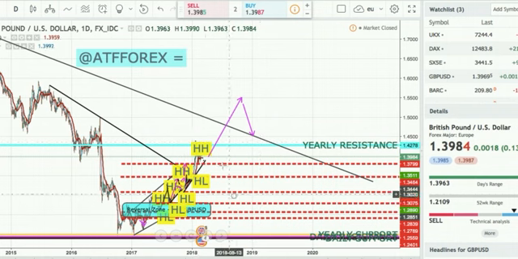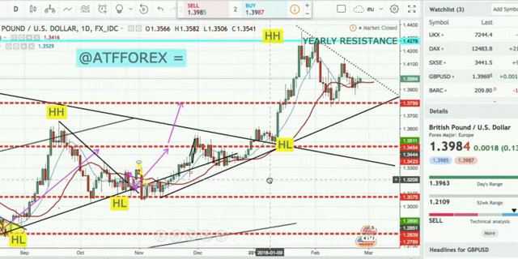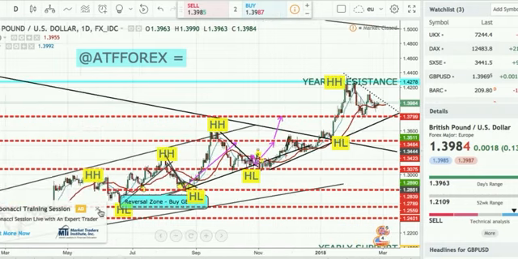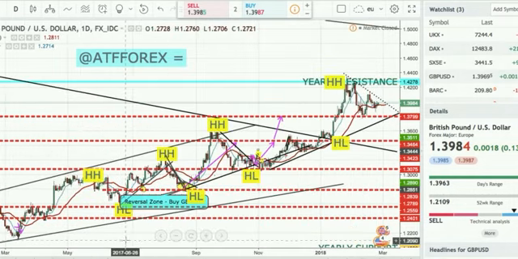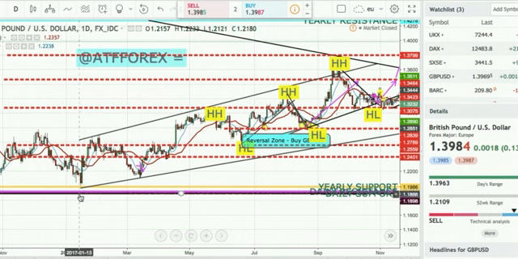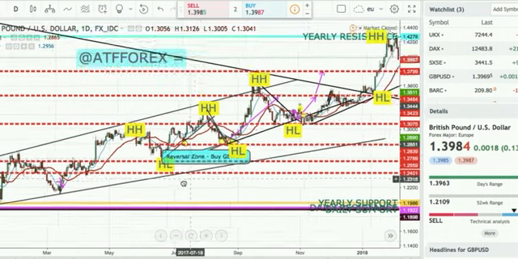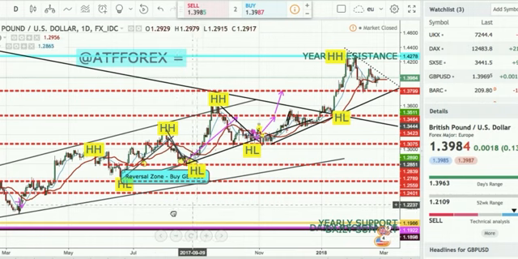Now, if I start here on GBPUSD, which is the pound dollar, a lot of you existing members will have noticed that we've been on this pair since the reversal point at the start of 2017, just riding this one all the way up from its lows of 1.18.